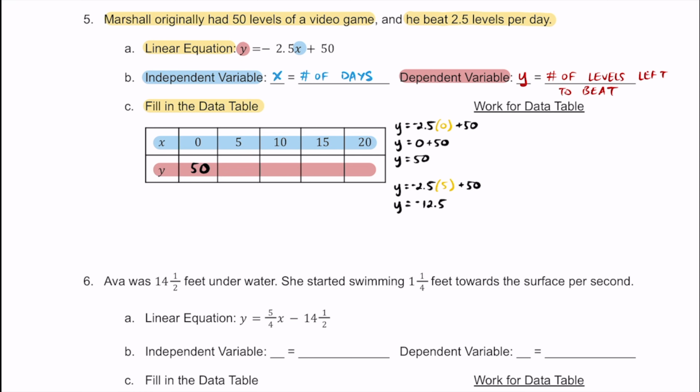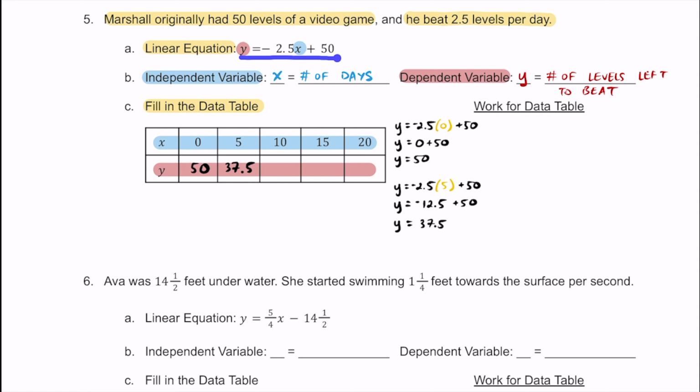So in 5 days, he's going to beat 12.5 levels. That's what the negative means. And if we take that away from the 50 that he originally has to beat, then 50 minus 12.5 is going to be positive 37.5. So after 5 days, yes, he's going to beat 12.5 levels, but we're going to say that he still has 37.5 levels to beat here.